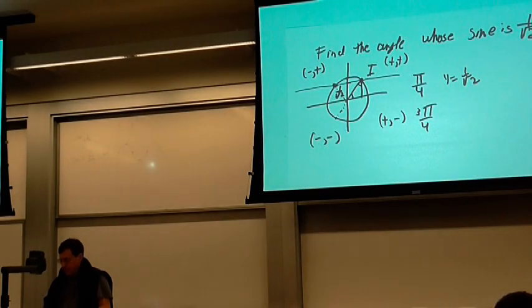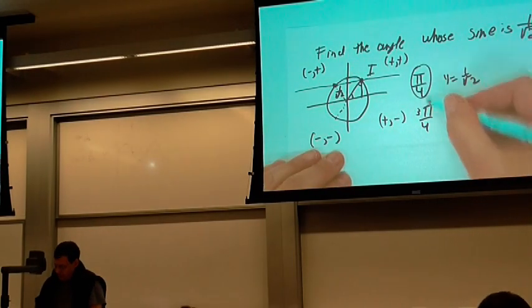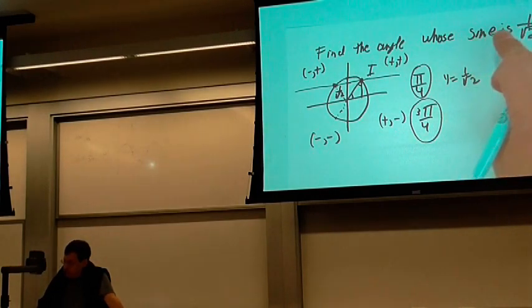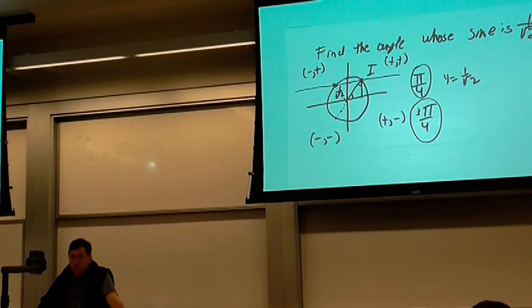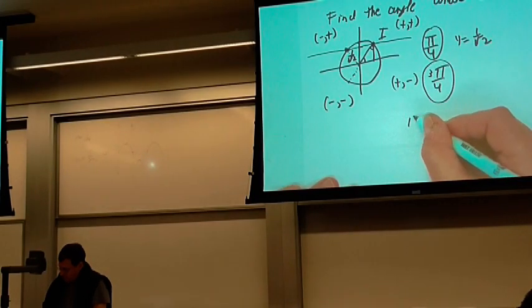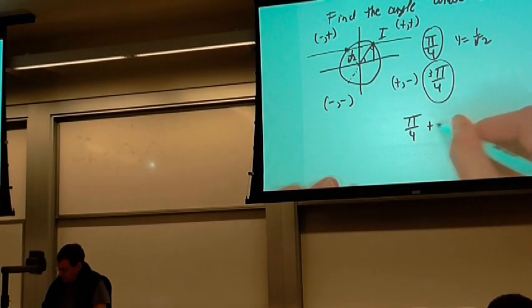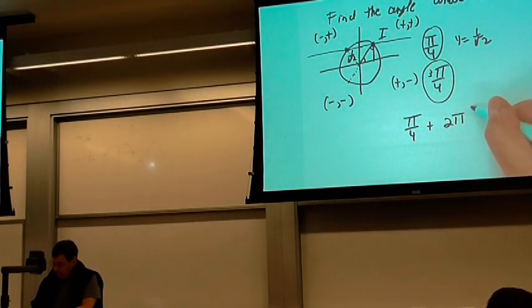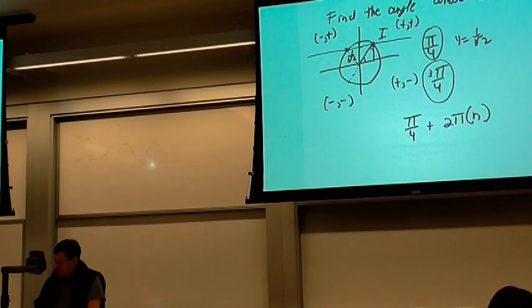All right, so we're starting to get a handle. Here are 2 possible solutions. How can we get some more solutions? More angles whose sine is 1 over the square root of 2. Add 360. Okay, except I don't want to add 360, I want to add 2 pi. And I can really add any multiple of 2 pi, so it's 2 pi n.